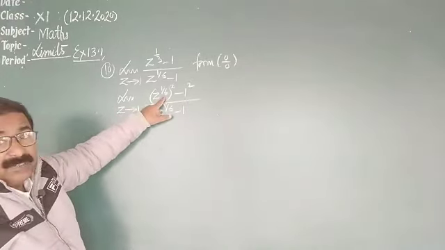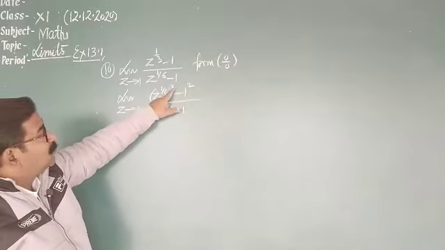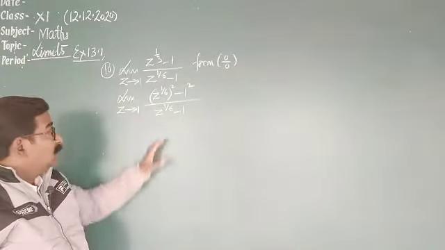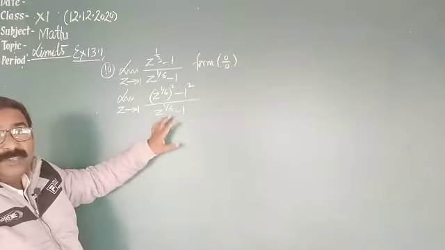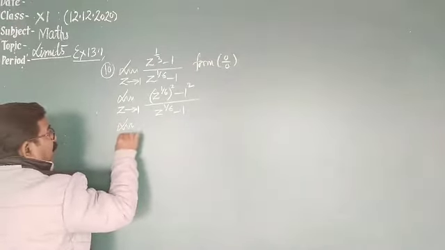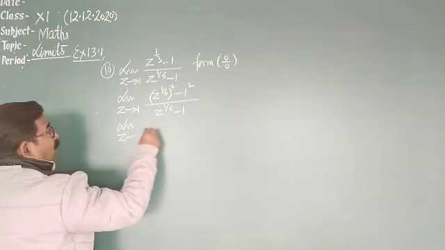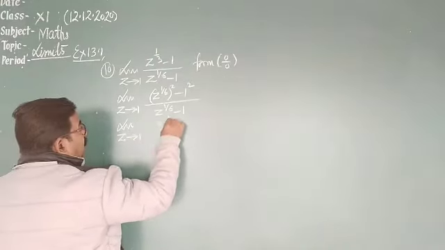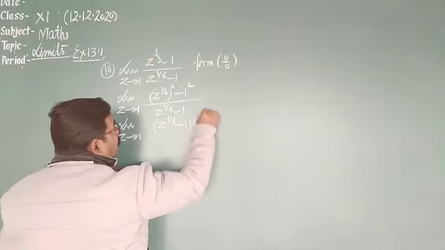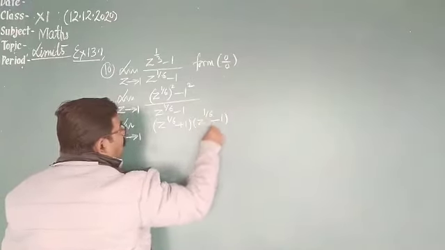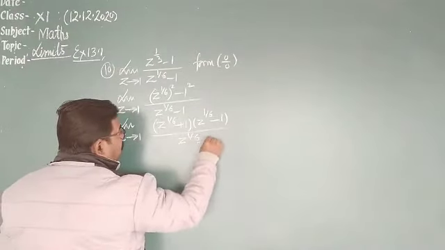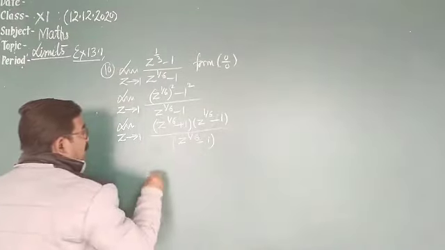Now this can be broken into the form a square minus b square. So we have limit z tends to 1, z to the power 1 upon 6 plus 1 and z to the power 1 upon 6 minus 1, upon z to the power 1 upon 6 minus 1. So this will be cancelled.